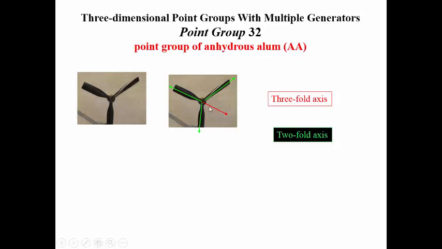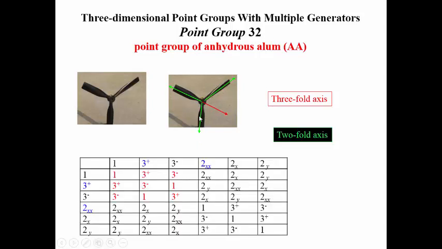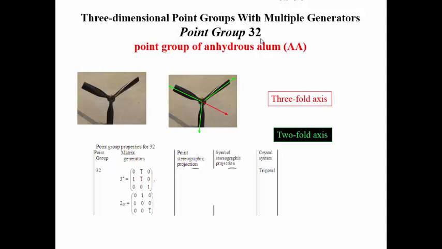You have a three-fold sticking up and three perpendicular two-folds. And here is the multiplication table for that, and it's gotten exactly the same way. Suppose you wanted to do 32, you look it up in the appendix, and you can produce it by the program in exactly the same way.